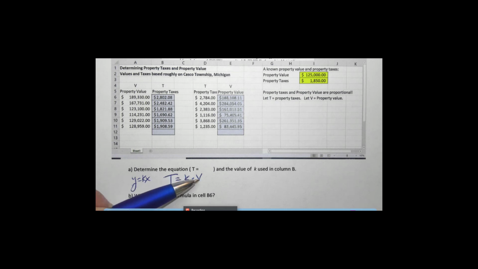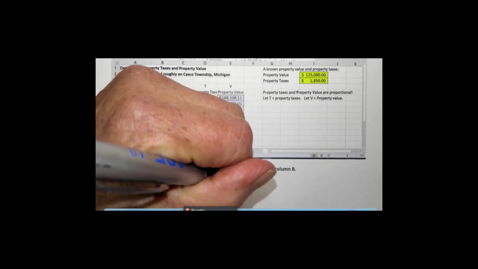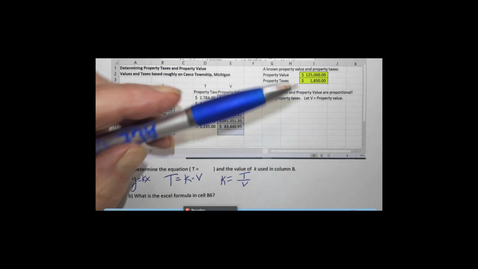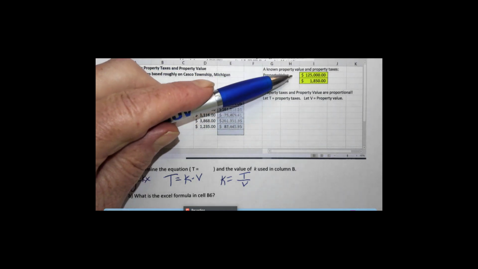Well, I'm going to input value and output taxes. So k has got to be equal to taxes over value. That's the units, because the value's got to cancel and I got to get taxes equal taxes. I want you to think about that. Then it's pretty simple to put the numbers in.